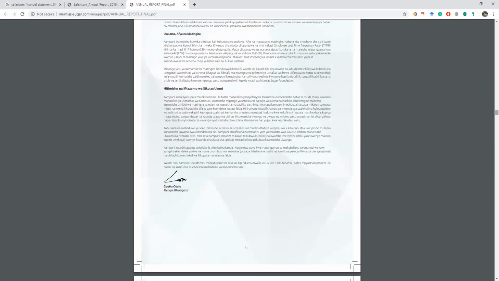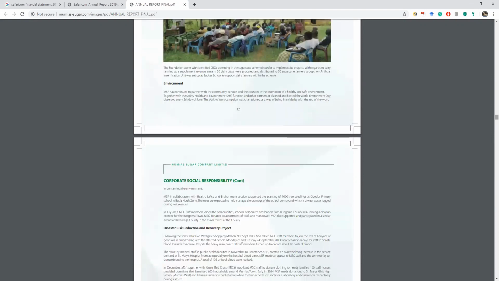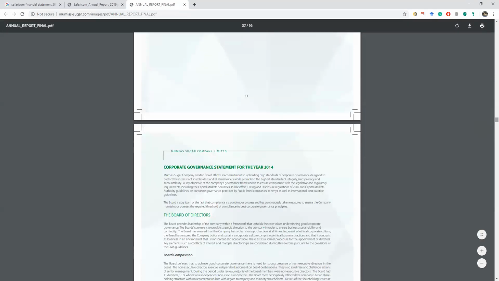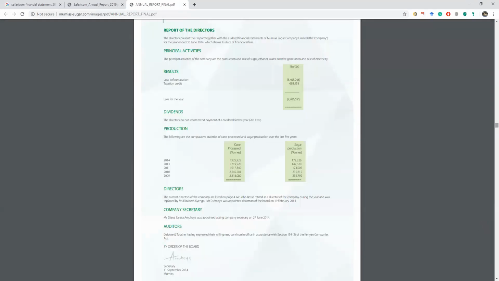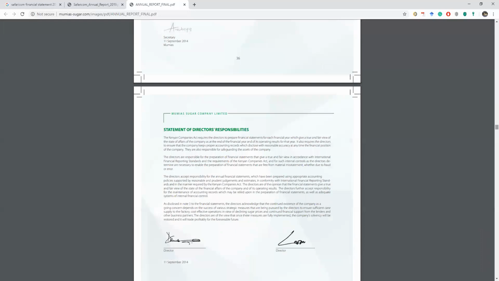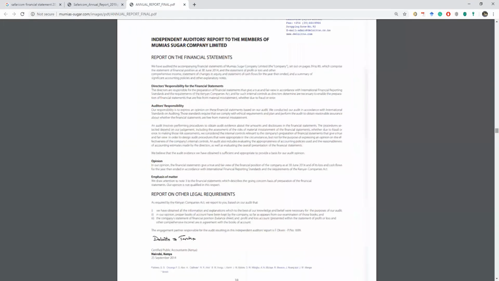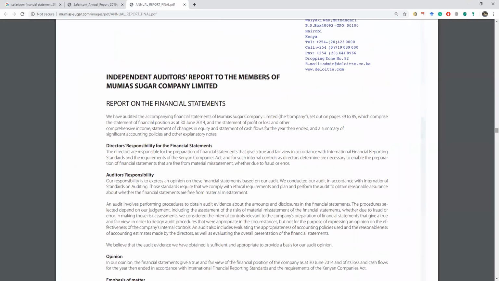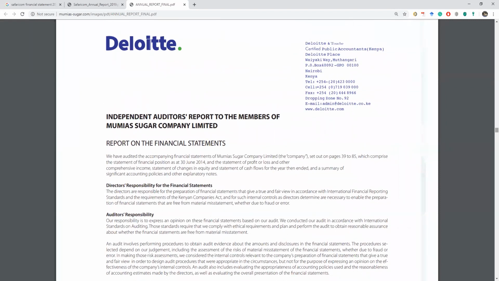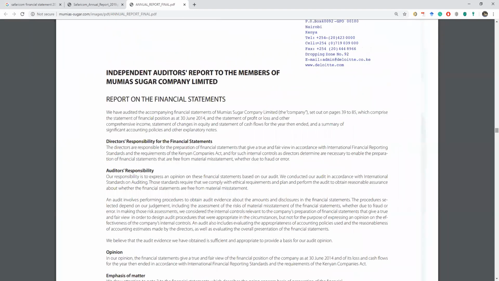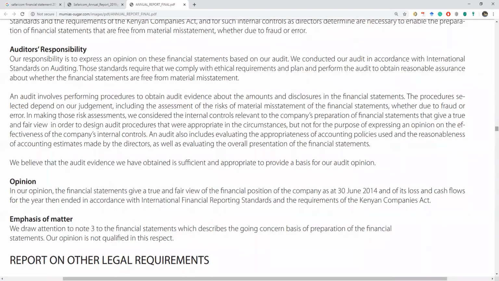So I want to go to the report of the auditor. This is the report of the auditor for 2014, under the old Companies Act. So, the opinion paragraph. Hope you can all see it.